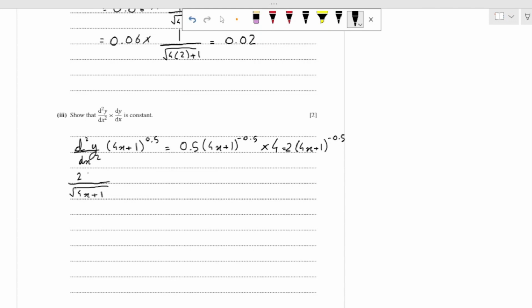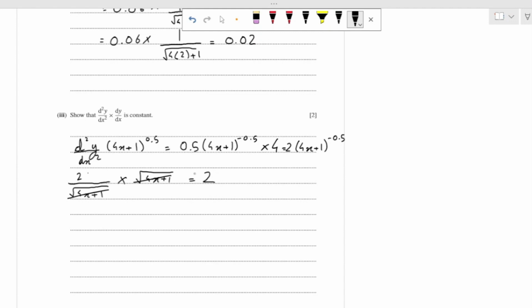So basically this is the second derivative written in this form instead of minus 0.5. That will be multiplied with the first derivative, that is the square root of 4x plus 1, and we can clearly see that the square root of 4x plus 1 cancels out and we're left with 2, and that's it.